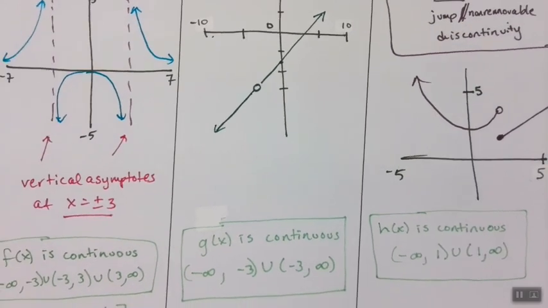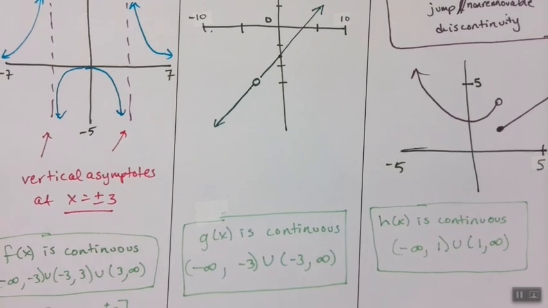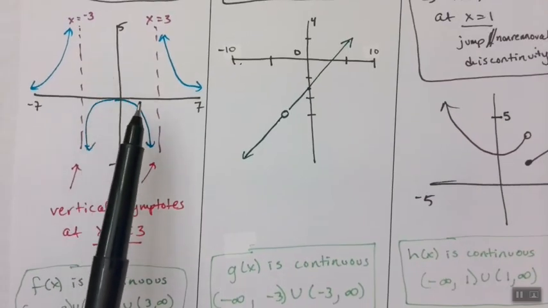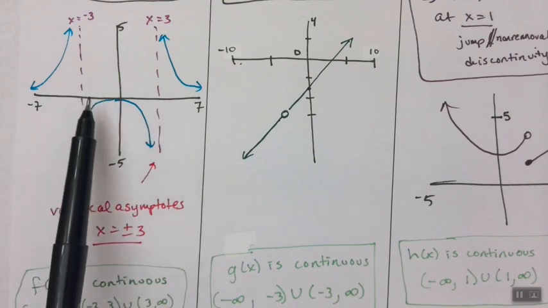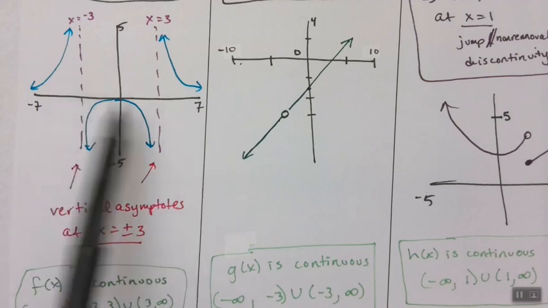Now, on a side note, if you wanted to discuss the discontinuities that you're seeing, we could add that in just for fun. This particular one over here on the left has vertical asymptotes. Vertical asymptotes violate all 3 aspects of continuity. There's no value at those x values, so there's no function there, there's no limits there, and therefore they're not equal.